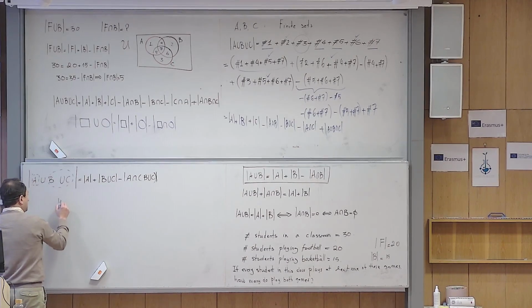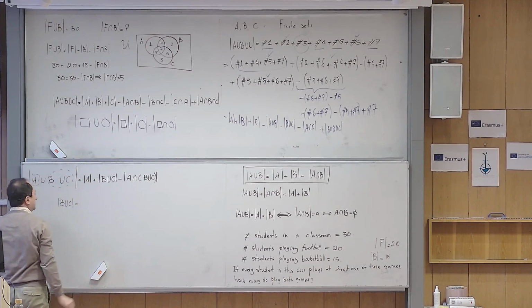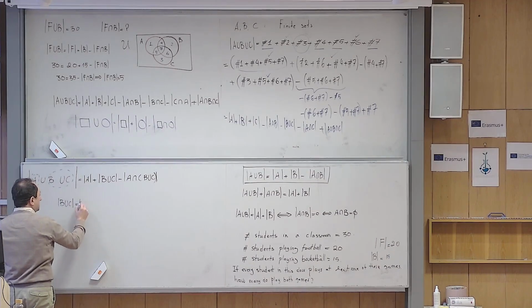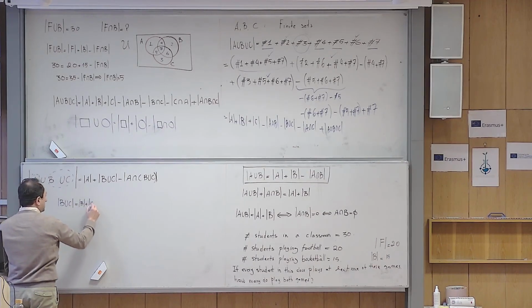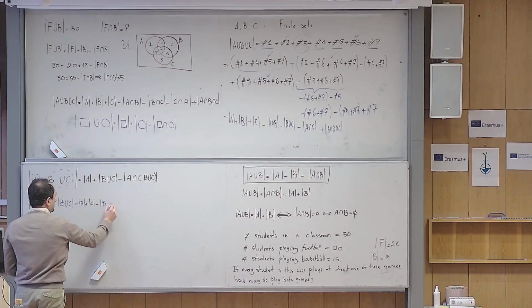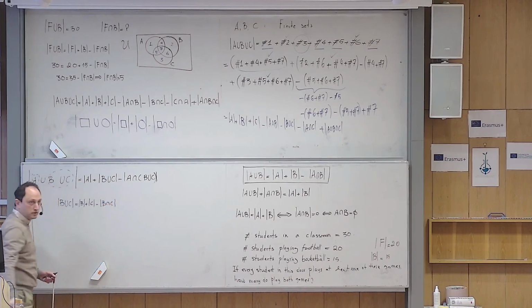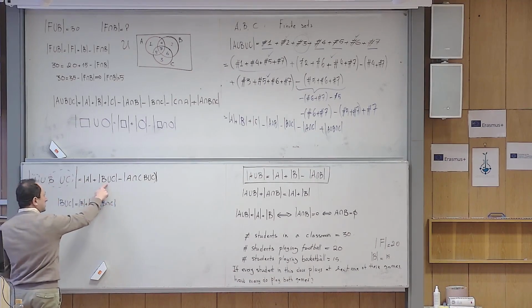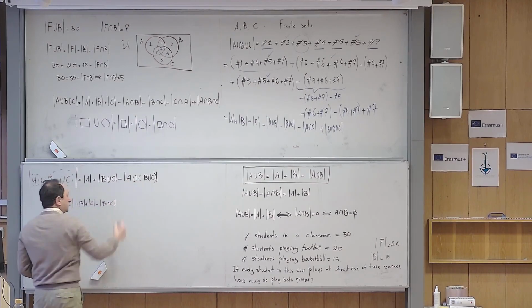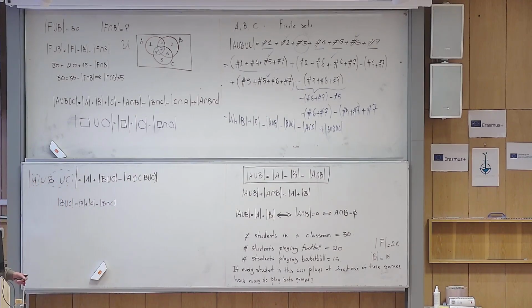So the cardinality of B union C can be written as what? According to the same formula, it becomes the cardinality of B plus the cardinality of C minus the cardinality of B intersection C. I don't have any problems with that part. But this one is an intersection. Can I write this intersection as union of two sets in some way?